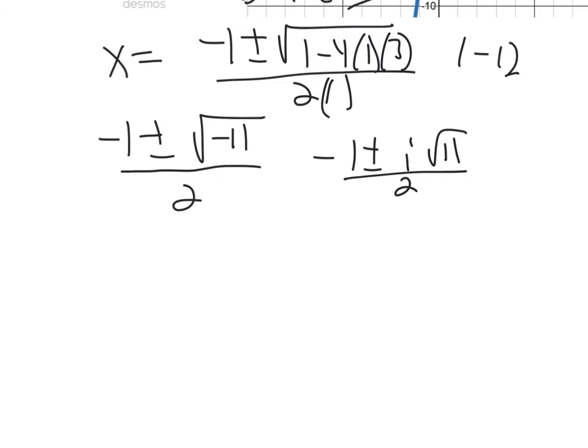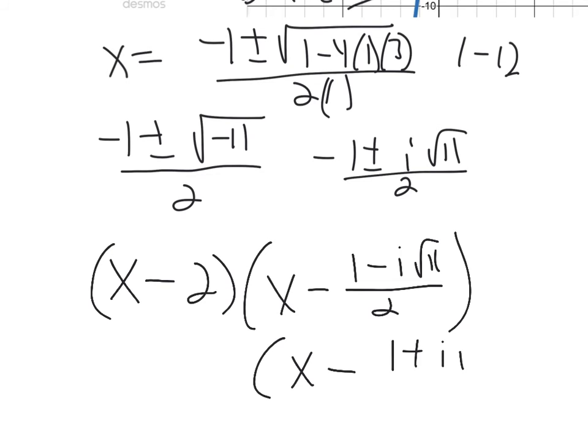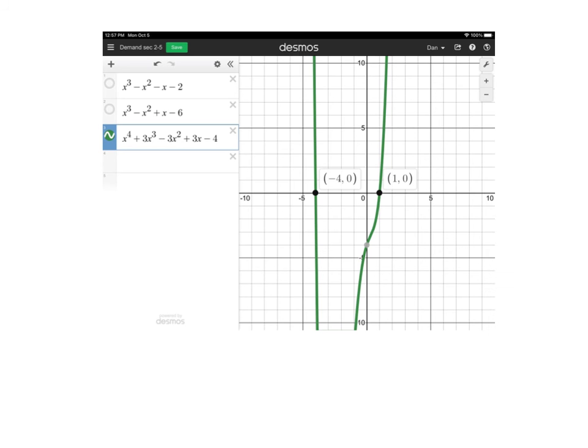For the linear factors, if I had to write this out as a set of linear factors, it'll be x minus 2, and then I'll write it as x minus 1 minus i root 11 all over 2. Or you could break those out separately. And then the other one would be x minus 1 plus i root 11 over 2. And that would be the set of linear factors. Two of them are complex, okay? Try one more.